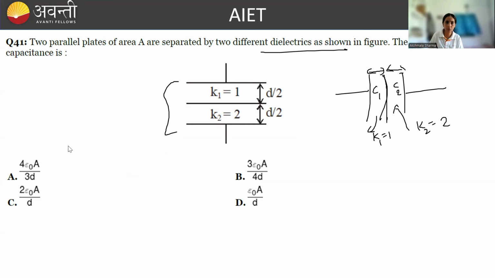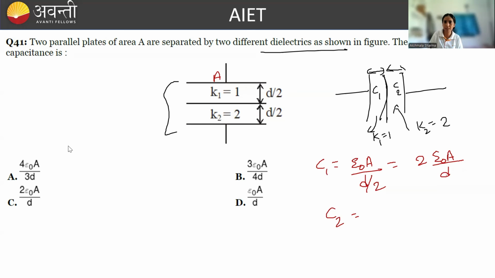So let's say the capacitance of this is C1, the capacitance of this is C2. What will be the value of C1? C1 can be written as epsilon naught A by d, where this separation is given as d by 2. A is the area and the separation is d by 2. So this is 2 epsilon naught A by d. Now what will be C2?